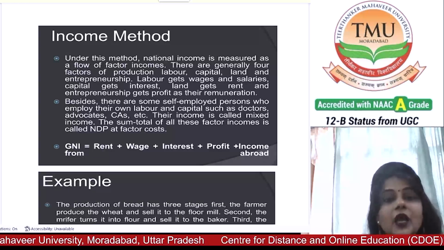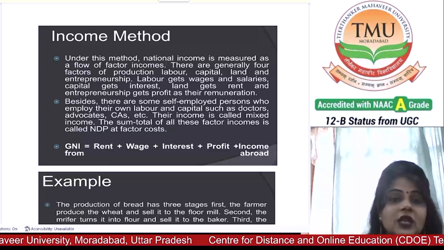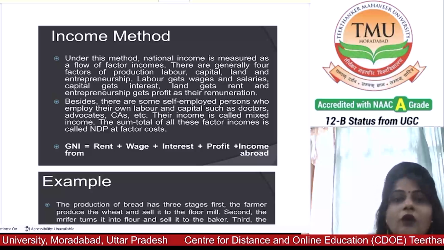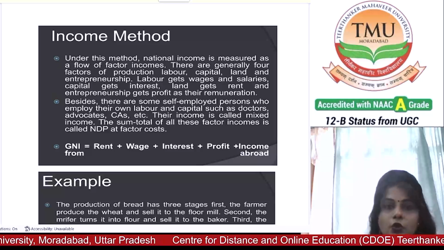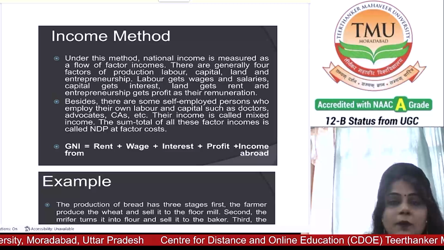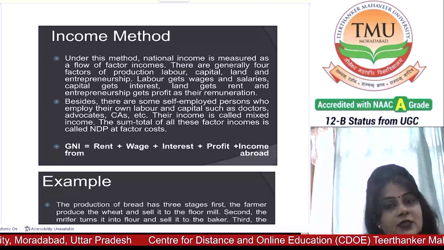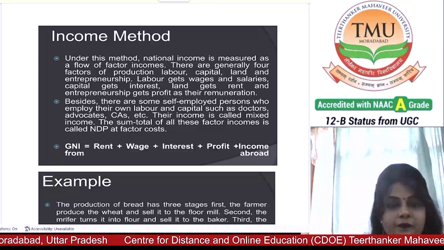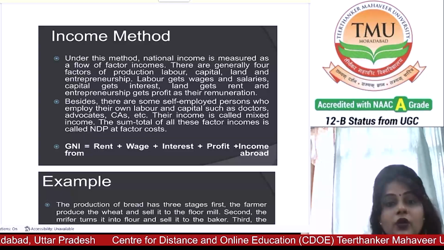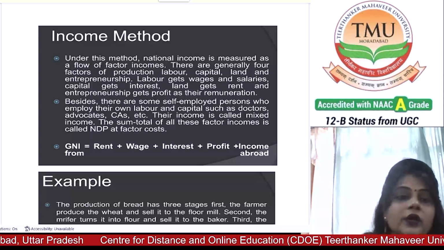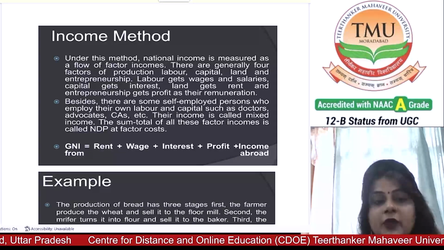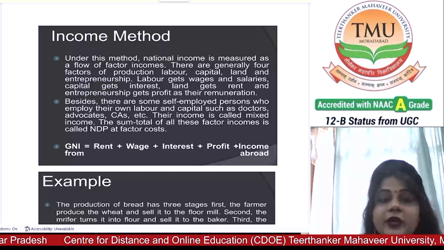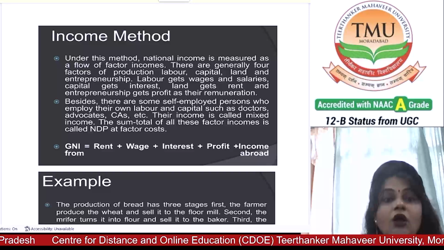In other words, under the income method of calculating national income, all incomes of the factors of production through rent, wages, profits, interest, etc., are added up together for the determination of national income. This method is also widely known as the factor payment method or distributive share method.